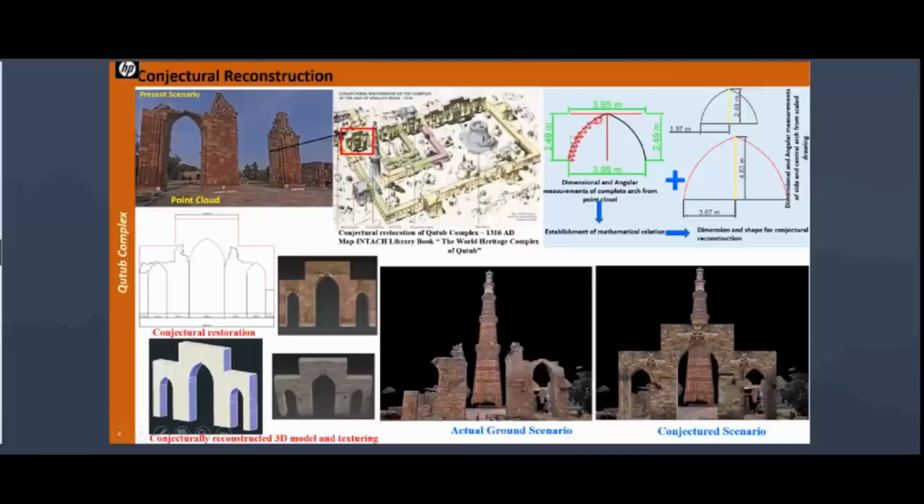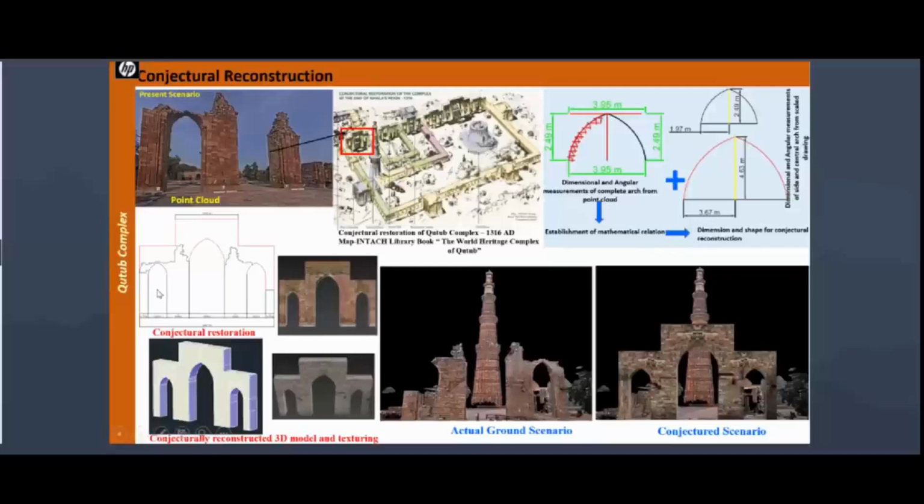After that, we established a mathematical relationship between the angular measurements of these arches and those of our broken arches. A similar mathematical relationship was estimated, and finally the dimension and shape for reconstruction was done.